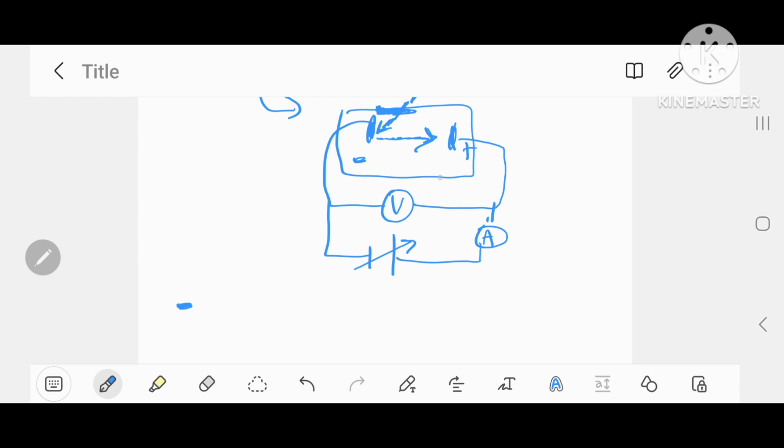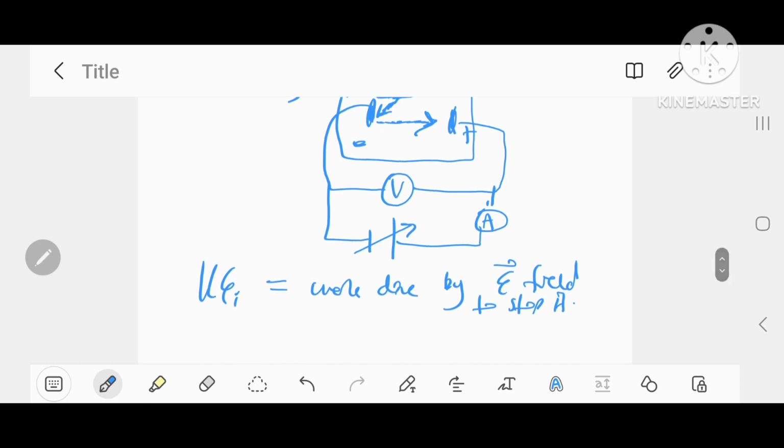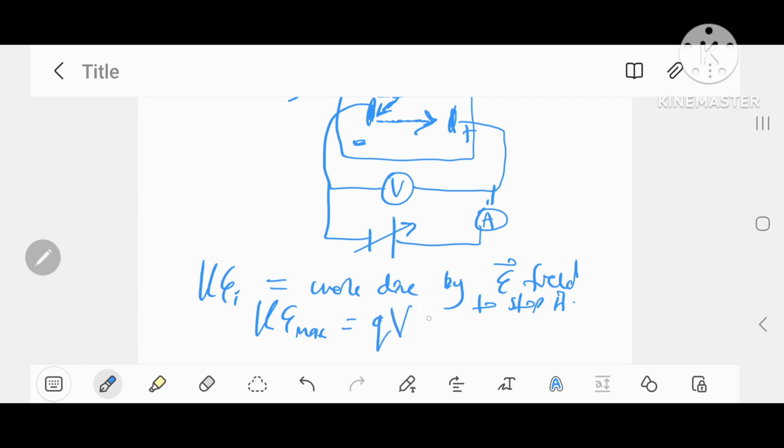And so the initial kinetic energy of the most energetic photoelectrons will be equal to the work done by the electric field to stop them. In other words, the maximum kinetic energy of the photoelectrons is equal to the work done, which is Q, the charge of the electron, times V, otherwise known as the stopping voltage, the minimum applied voltage required to reduce the current to zero.